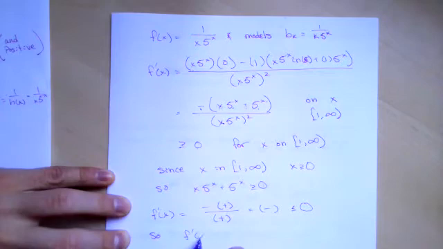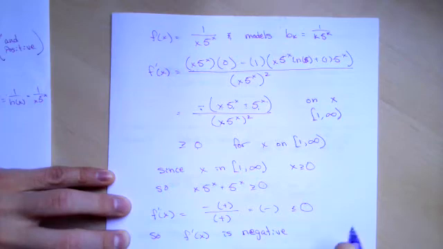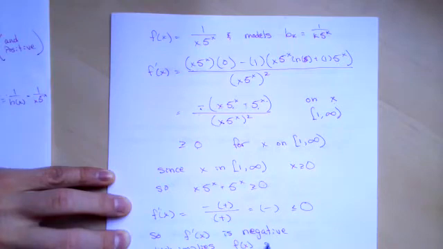So f prime of x is negative, which implies f of x is decreasing.